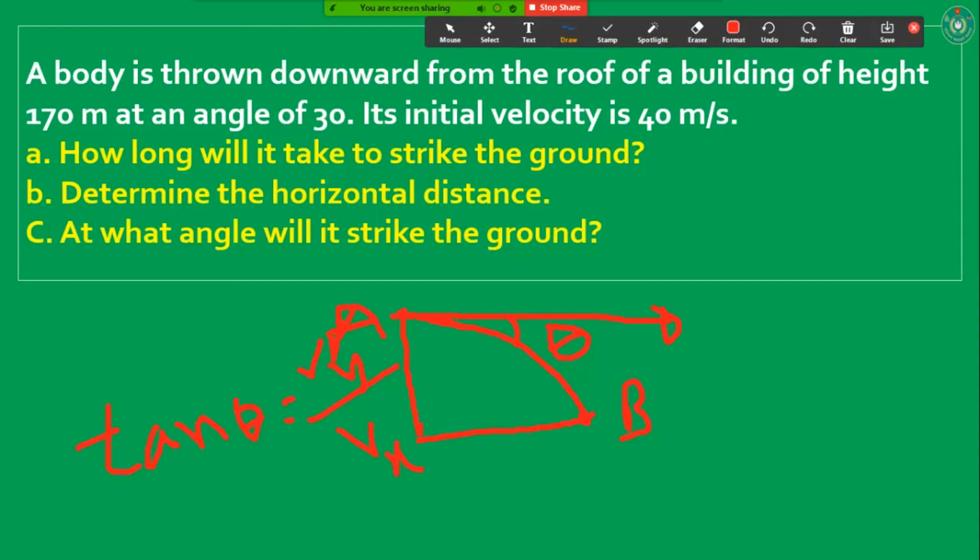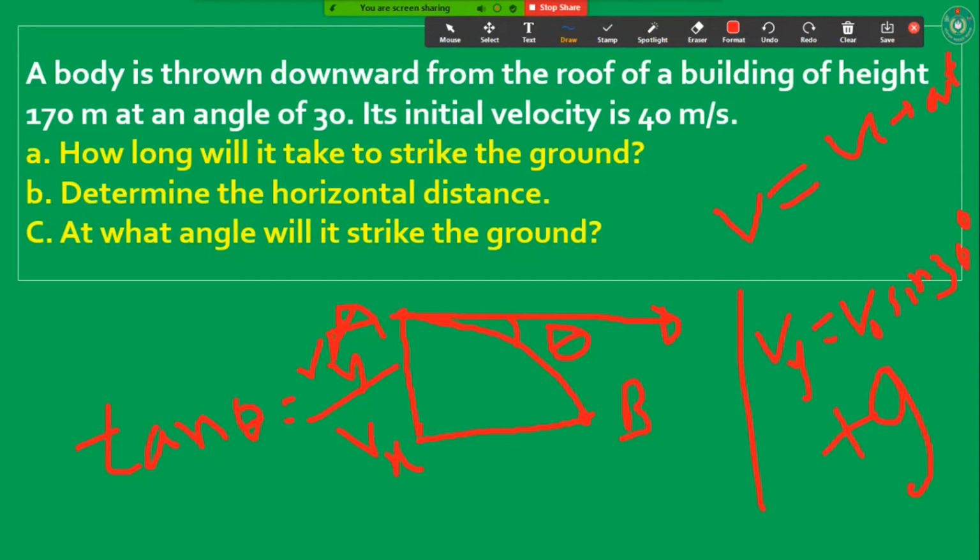At first, Vy is V naught sine 30. This equation comes from v is equal to u plus at, with a as g.